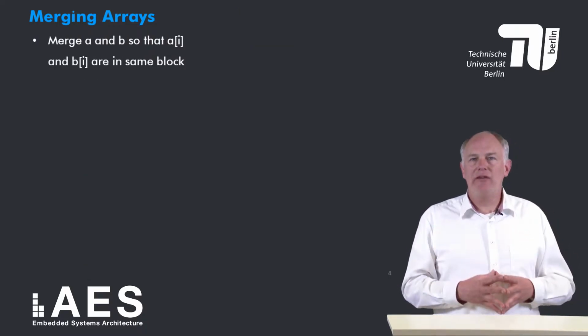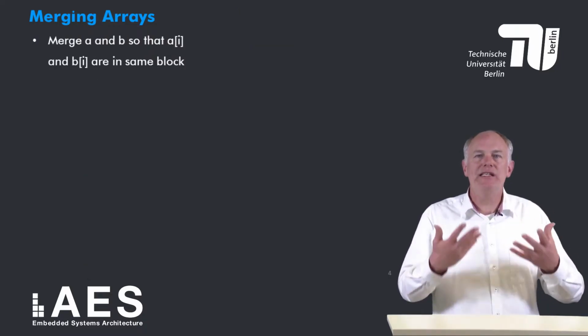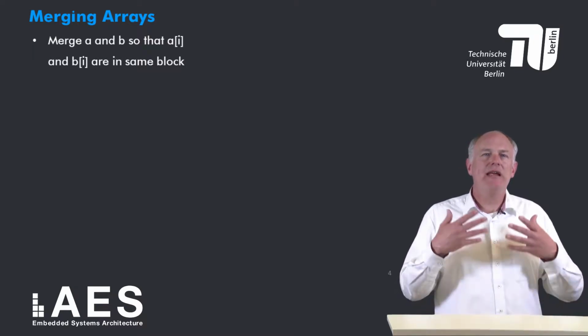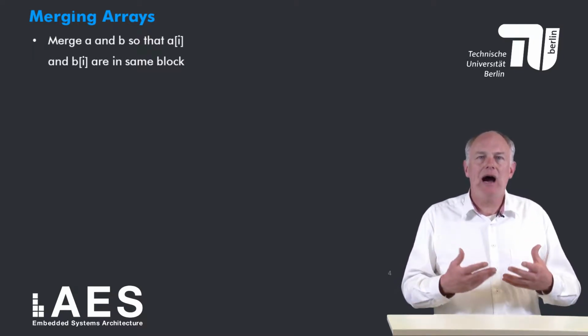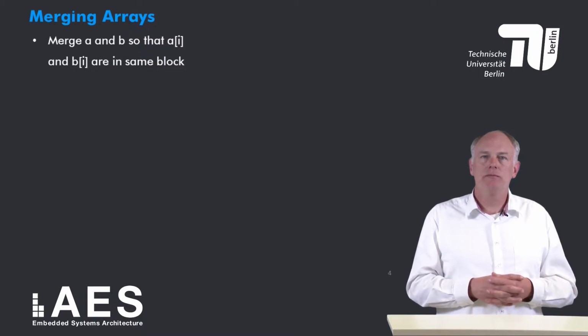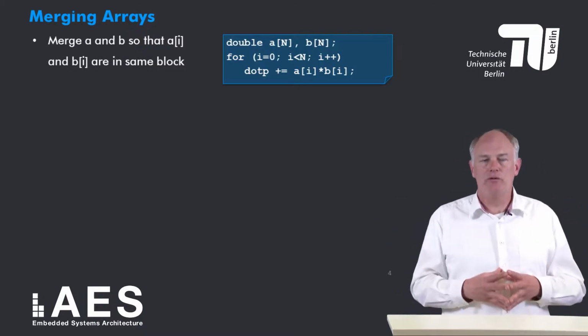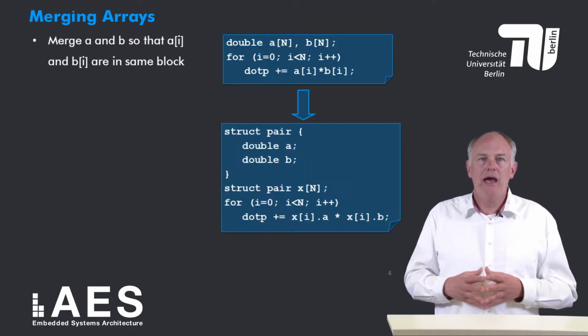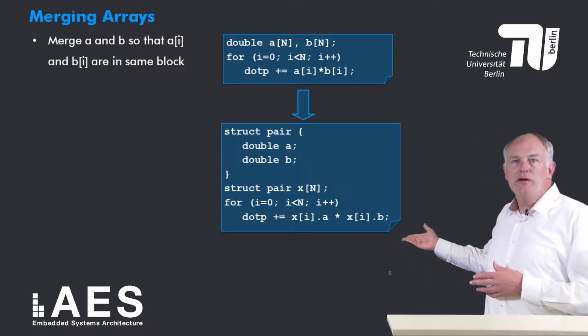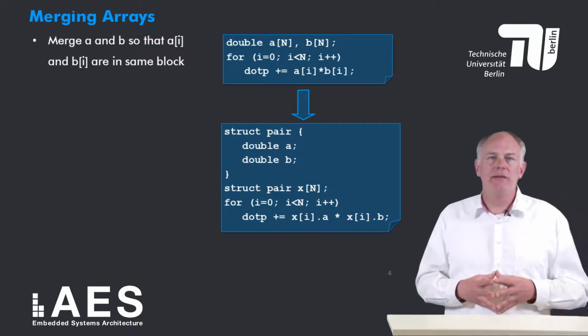The merging arrays technique merges or interleaves A and B so that a[i] and b[i] will be in the same block. Here's our code example again, computing the dot product of two vectors a and b. Here's the code after array merging has been applied.